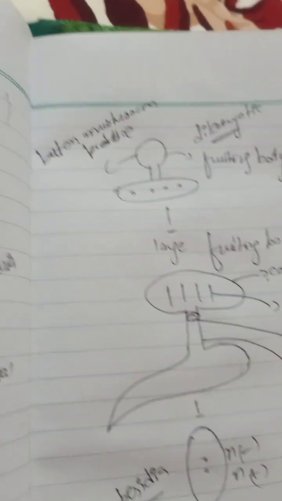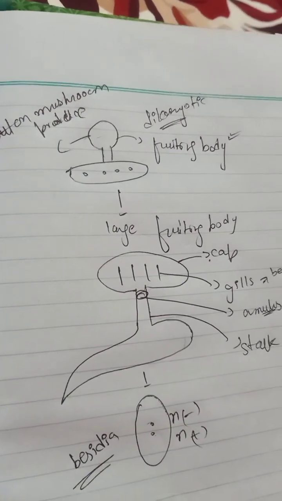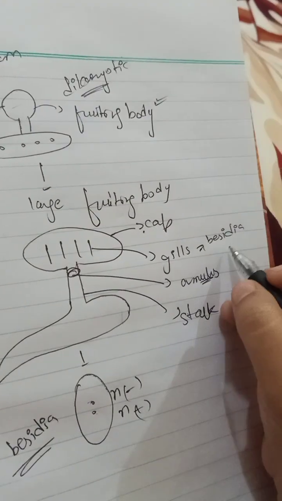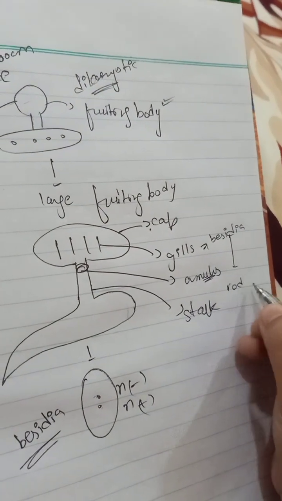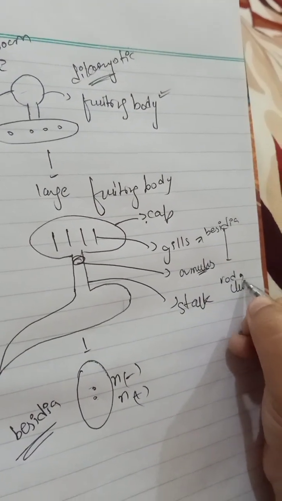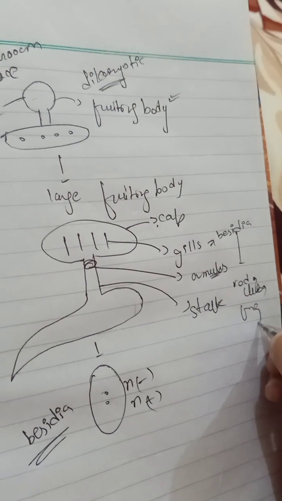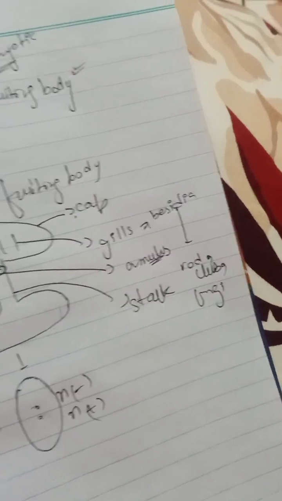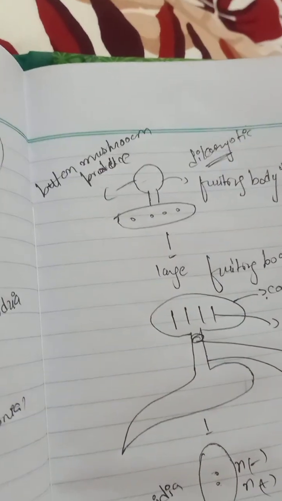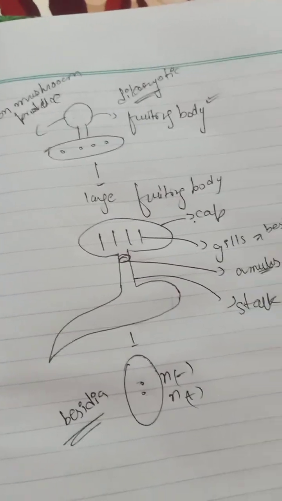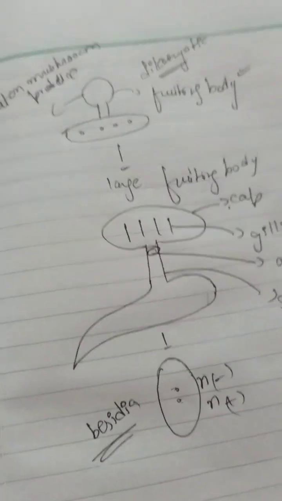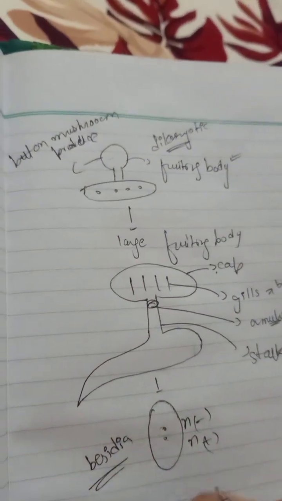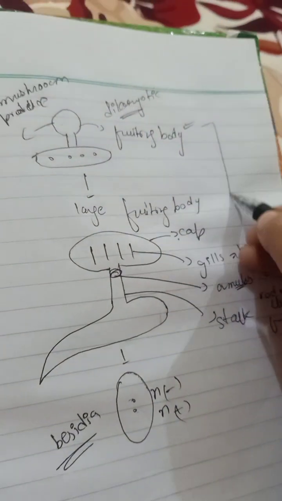Basidia are basically the rod-like or club fungi. You can say that as club fungi or a rod-like structure. This is dikaryotic, with the two joined together, and you all know a dikaryotic will be produced. That is this basidia. So this was the plasmogamy.